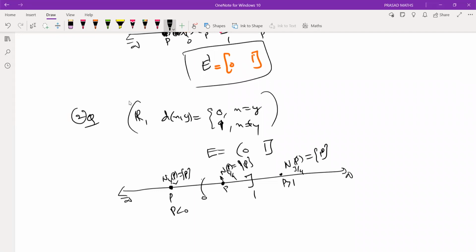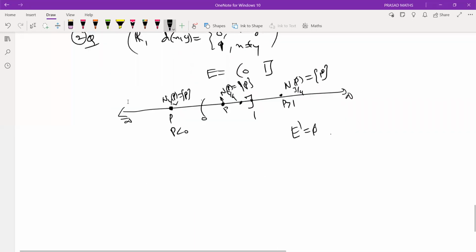This neighborhood doesn't contain any point of the set other than P. Therefore, P cannot be a limit point. Is it a limit point? No. Is it a limit point? No. Therefore, what are the limit points? No limit points. In a discrete metric space, there are no limit points.